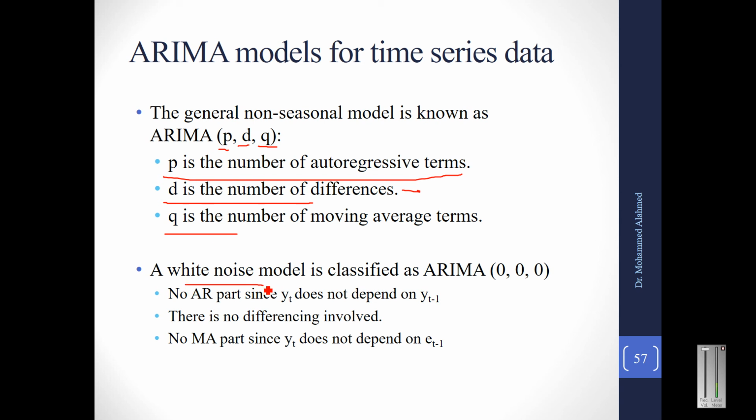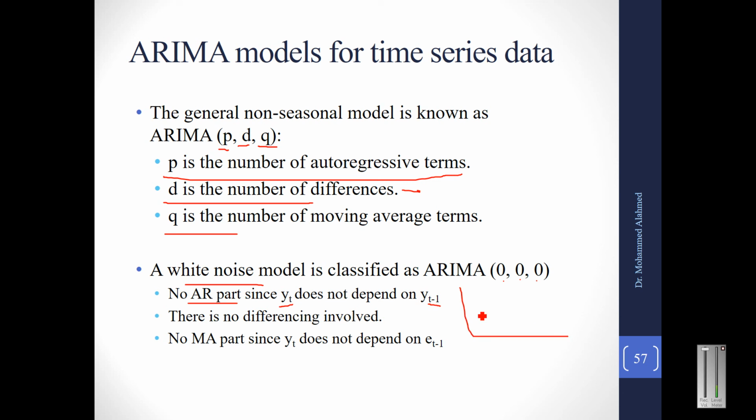So a white noise model is defined as ARIMA 0, 0, 0. Why 0? Because as you have seen in white noise, when you do the ACF of that, everything lies within the 95% confidence interval, stating that there is no AR part since YT does not depend on YT minus 1.